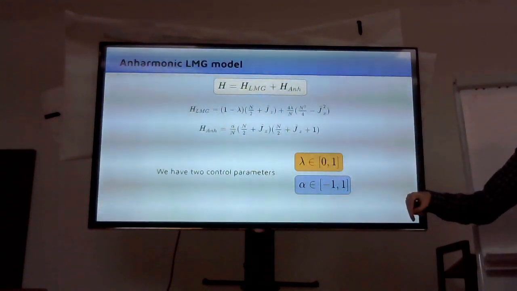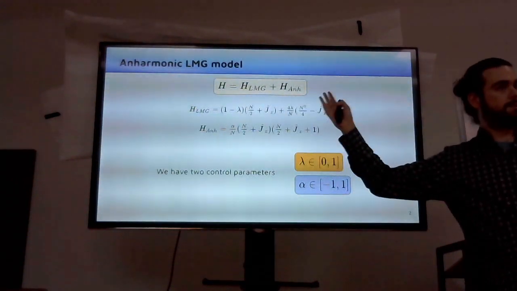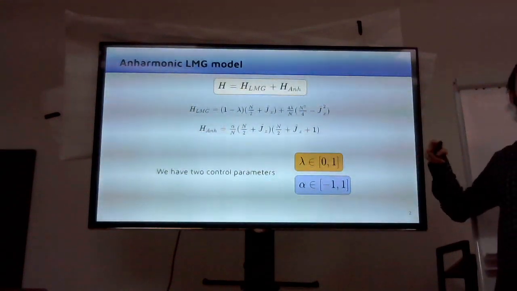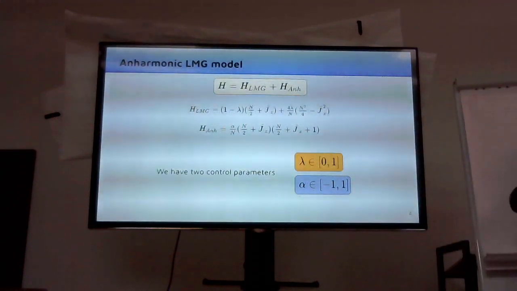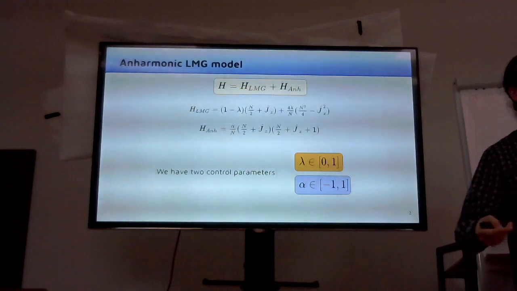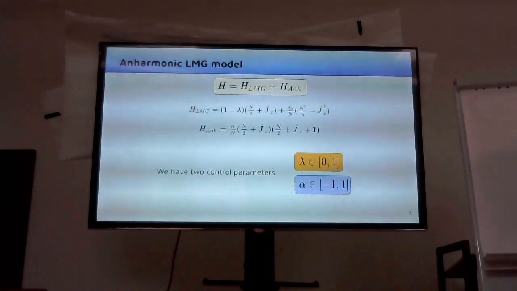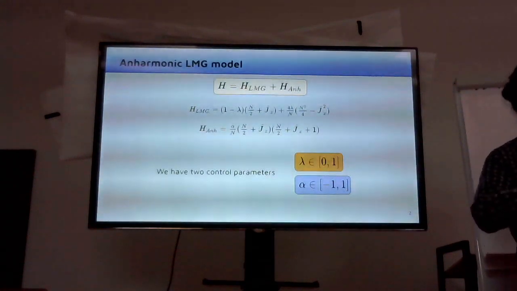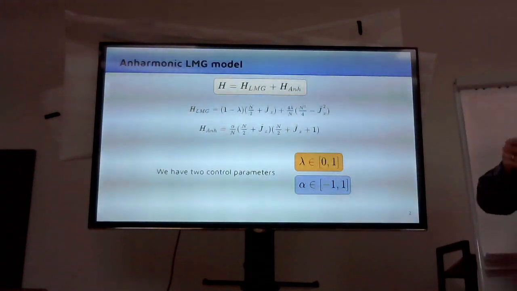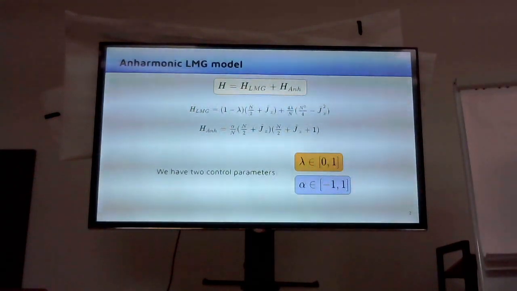The only thing that matters is that we have some Hamiltonian that has 2 control parameters that maybe in an experimental setup we can control really well, or maybe we don't really know how well we can control them, but probably there are some lasers that we can tune the frequency of.